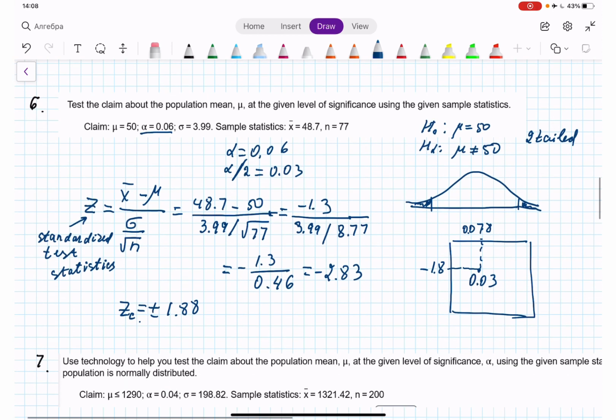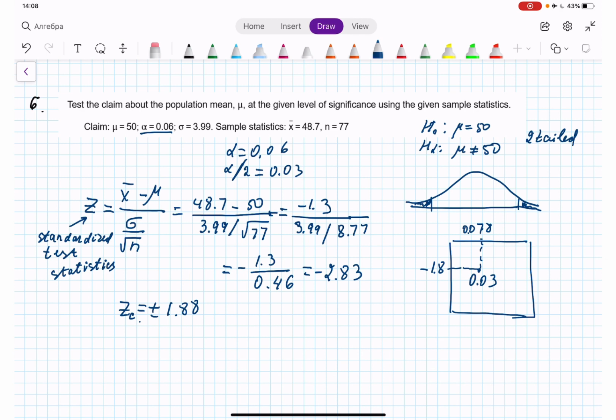Now, let me give you a hint in case you have a left tail or right tail. First of all, we have plus minus because these two tails are symmetrical and equal. So once we find the Z critical for the left tail with a negative sign, the right tail is going to be the same value with a positive sign.